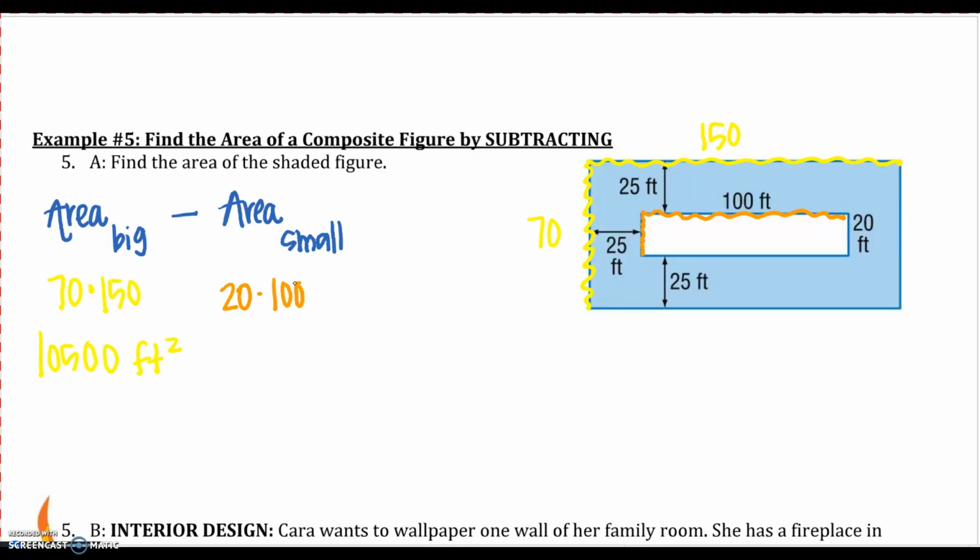So the area of that small unshaded portion is 2,000 feet squared. So if I needed to just find the blue portion, I'm going to subtract to get 8,500 feet squared.